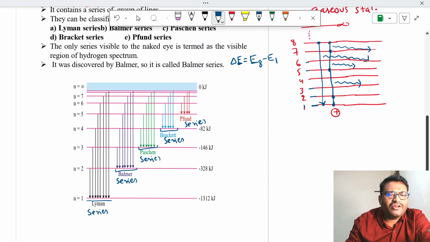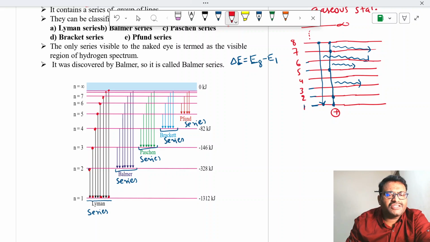See, when the electron is de-exciting from a higher energy state directly to the first energy state: 2 to 1, 3 to 1, 4 to 1, 5 to 1, 6 to 1, directly from a higher energy state to the first energy state. In this way 7 to 1, considering infinity to 1 also.